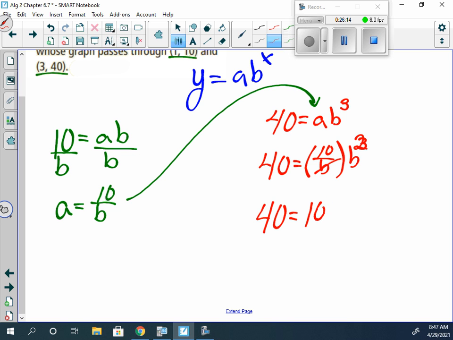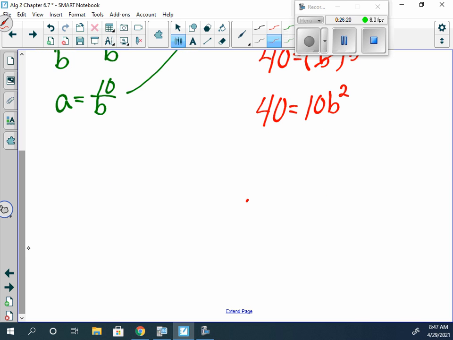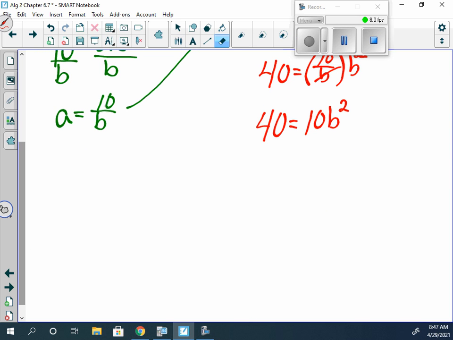So we really have 10 times b squared. Because we could rewrite it out like we did on the one before, have 10b cubed over b, and we know that one of them would simplify, giving us 10b squared. And then what would we do next?